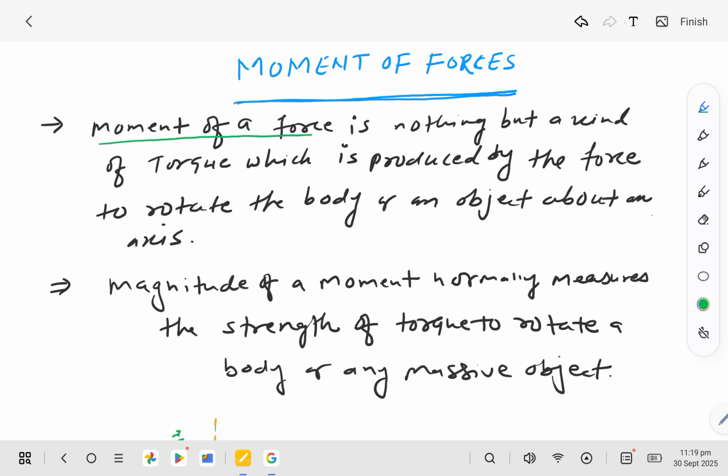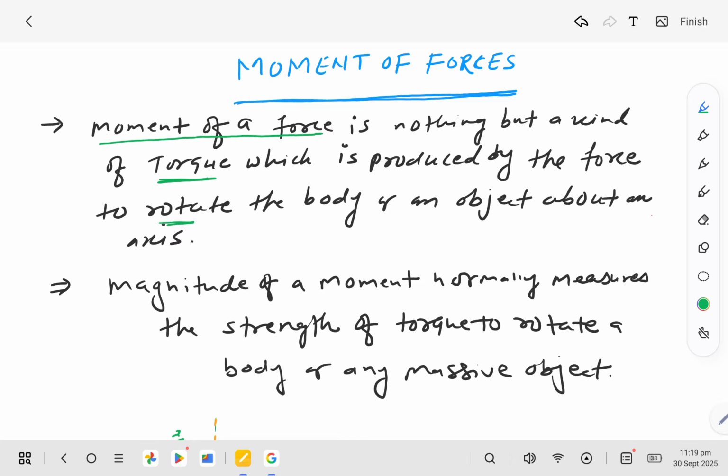So moment of force is nothing but a kind of torque which is produced by the force to rotate the body or a massive object about a given axis.